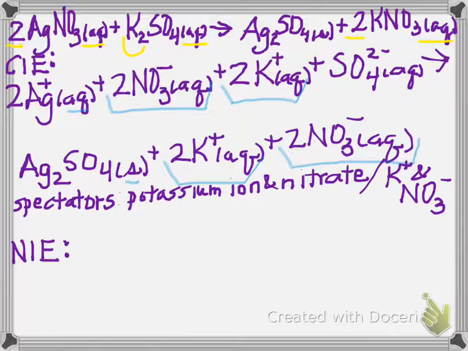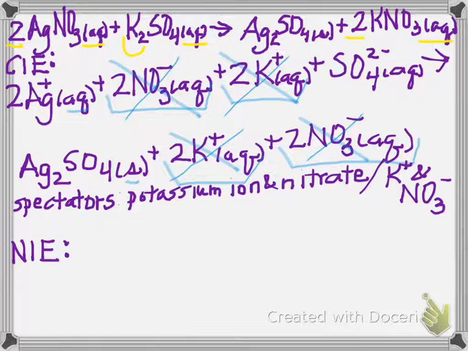So now I'm ready to do my net ionic equation, and remember, to do that I'm going to leave out those spectator ions. So to get my net ionic equation, all I have to do is rewrite my complete ionic equation, leaving out my spectator ions.